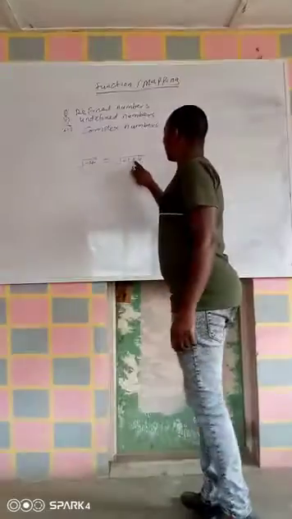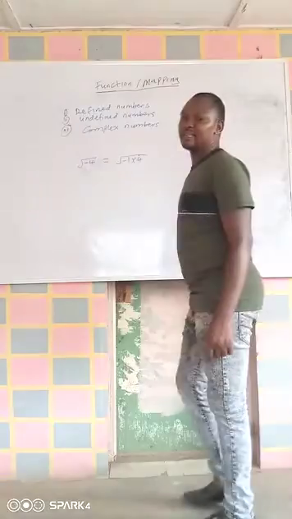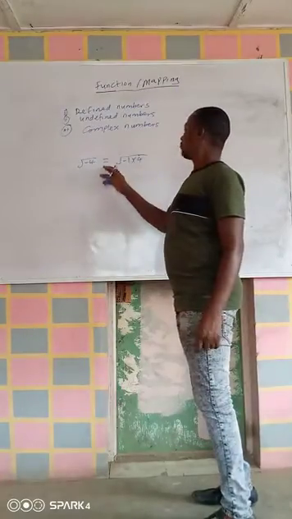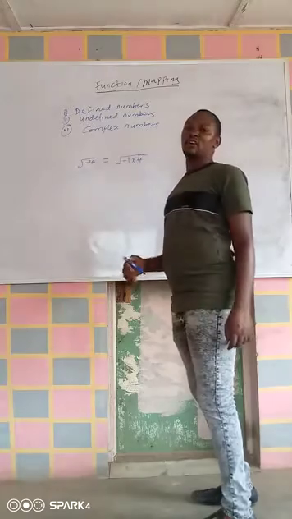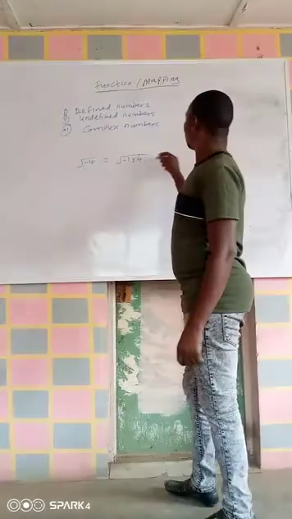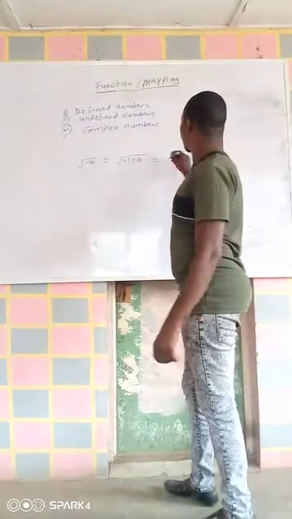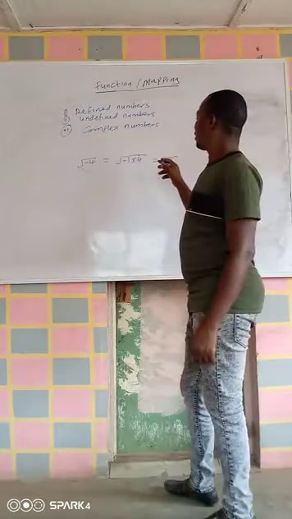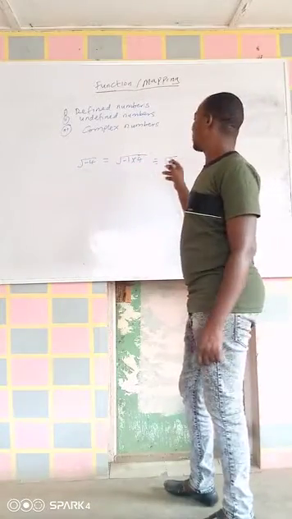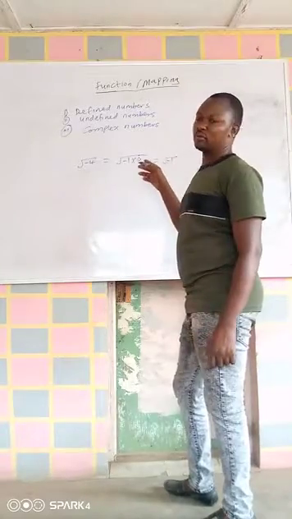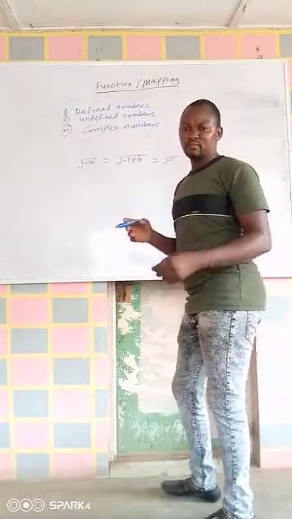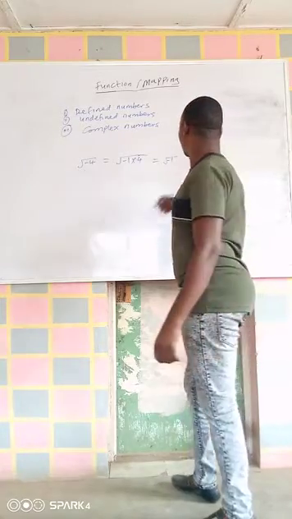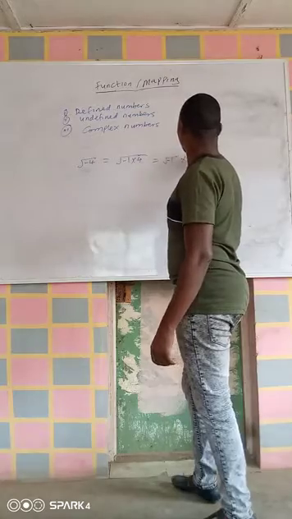We have not affected anything, because minus 1 times 4 is equal to minus 4. So that means we can break this. According to the law, when two, three, four values multiply each other in a root, we can easily break the roots so that each of them is separated. So you can say we have square root of minus 1 and square root of 4.